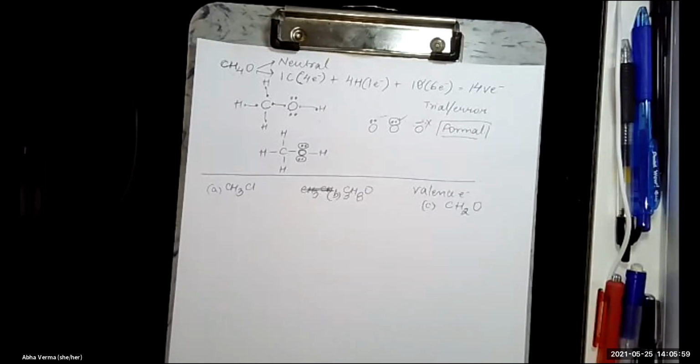Someone has said that it will have 14 valence electrons, and that is the correct answer. Very good. Anybody who could not figure this out? Okay, good job.